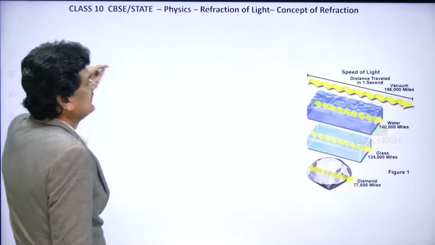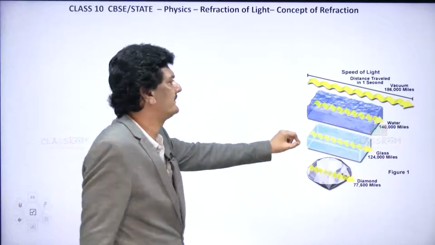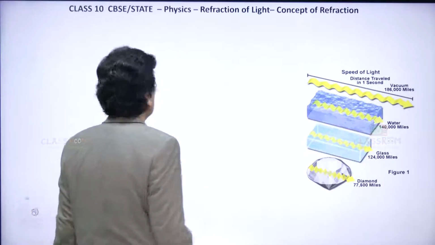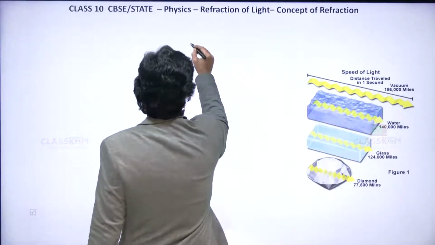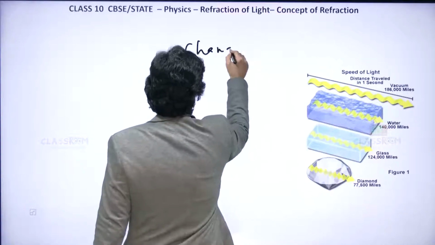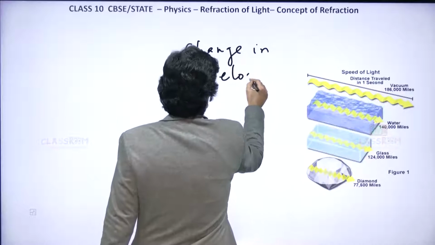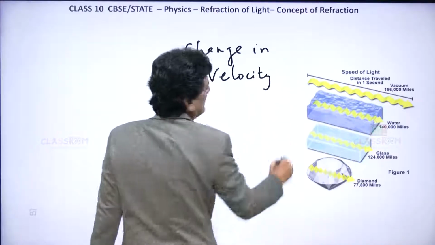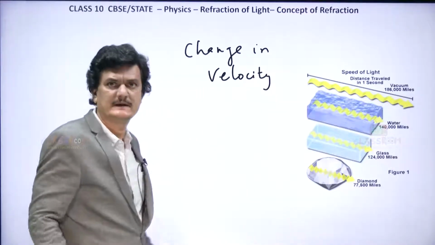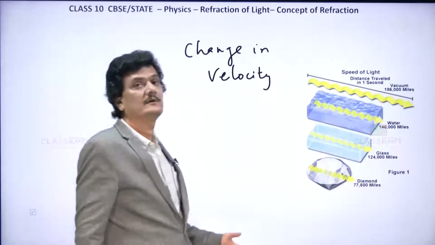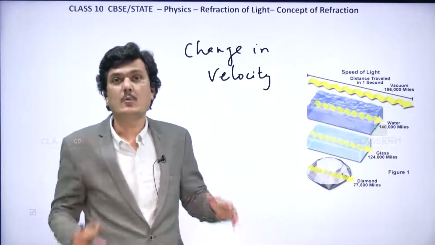So the cause of refraction is the change in the speed or velocity of light in different media as light enters a different medium. But the next logical question should be: why does the speed change?